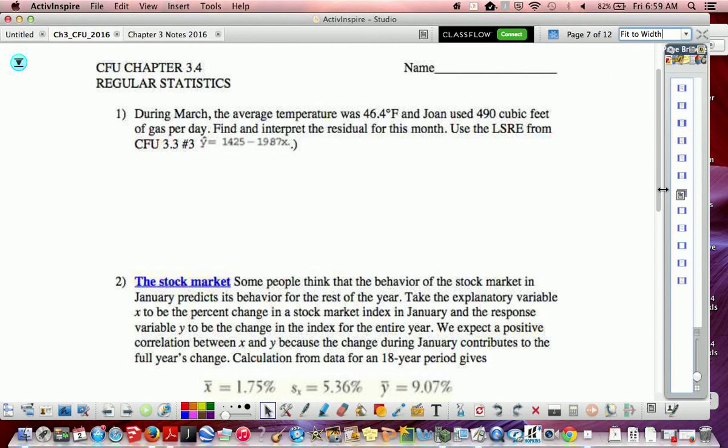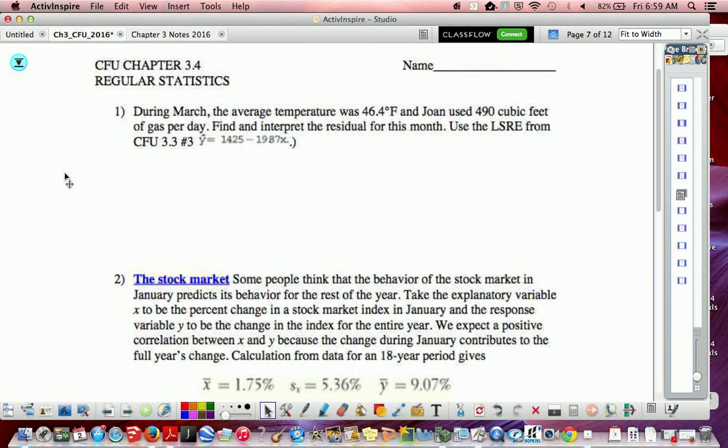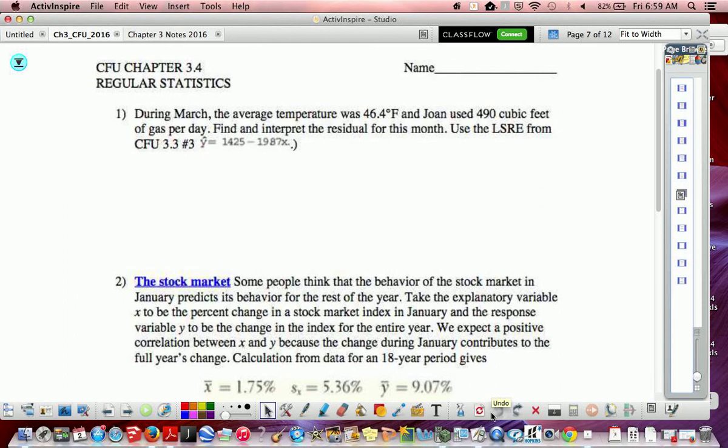So first thing I need to do in order to find the residual, remember that your residual is equal to your observed y minus your predicted y. Right here, this 490 is our observed y.